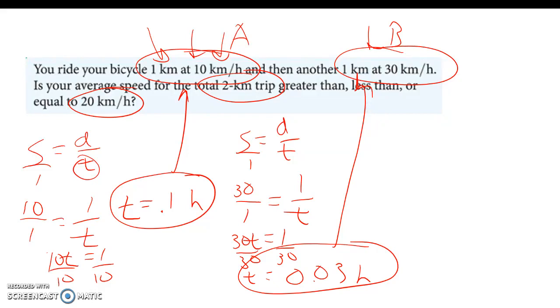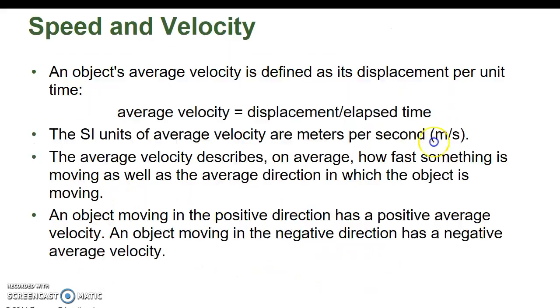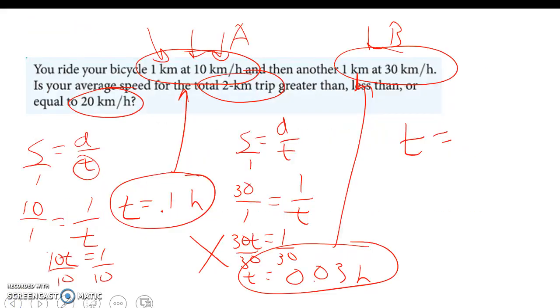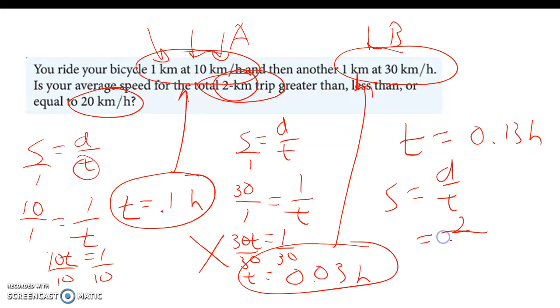So our total time, when we add these two together, is going to be 0.13 hours. Our distance traveled is 2 kilometers. So speed is distance over time. Our distance is 2, and our time is 0.13.